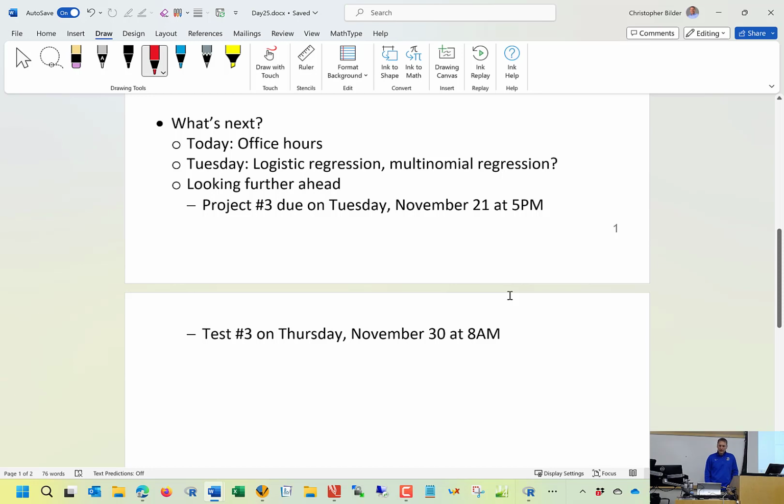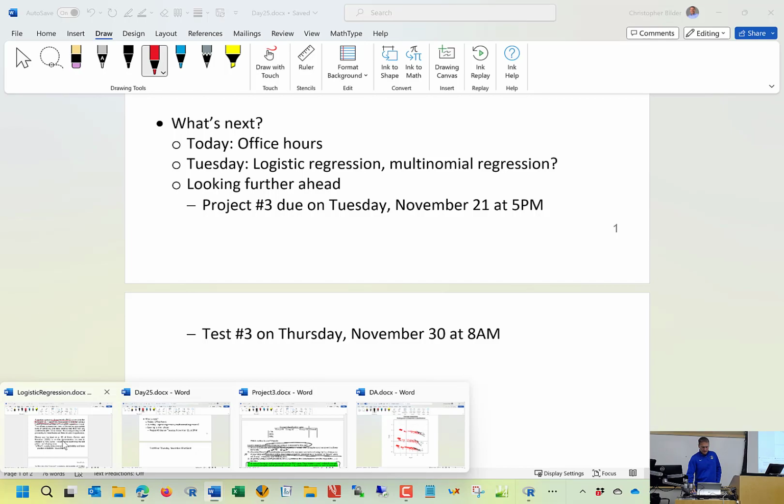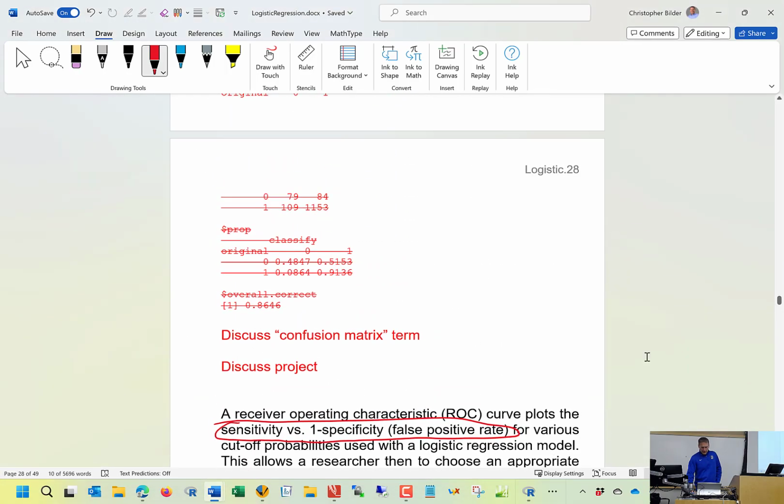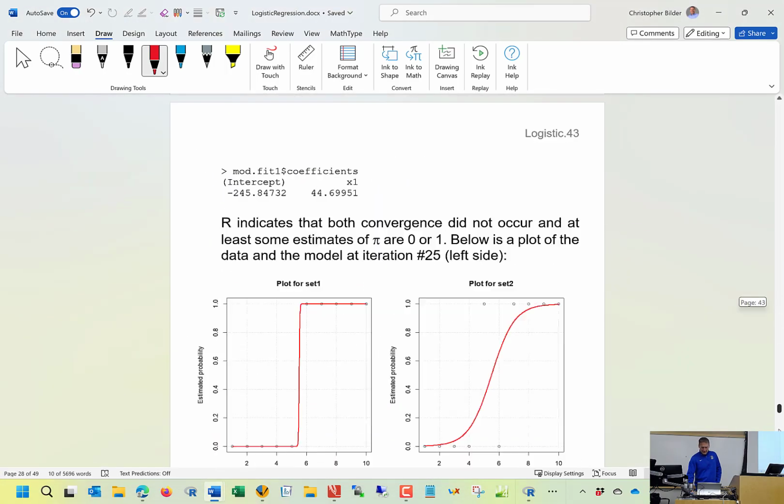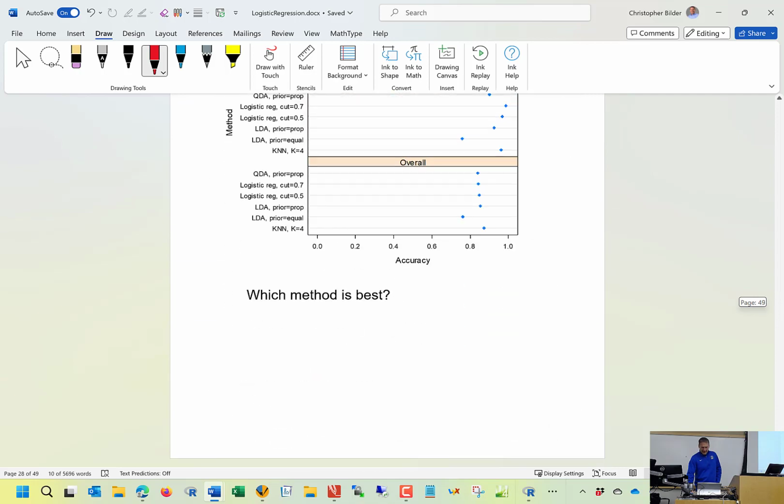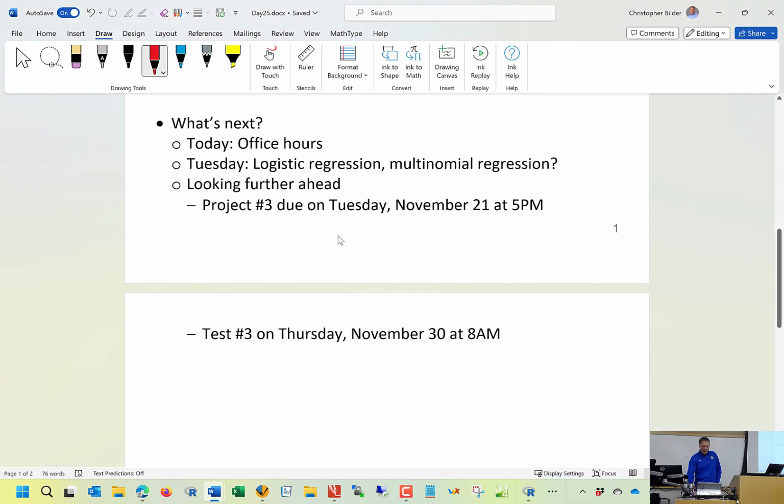So just to look at what's next in our class: again, I'll have my usual office hours. Tuesday, we will hopefully finish up the logistic regression section. Let me see where we are. So we're on page 28. It's going to be close whether or not we will actually be able to finish it. I generally try to think about 20 to 25 pages of my notes for our class period, and we have about 20 pages left.